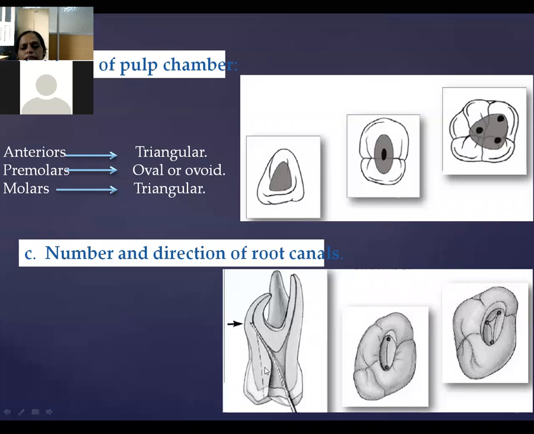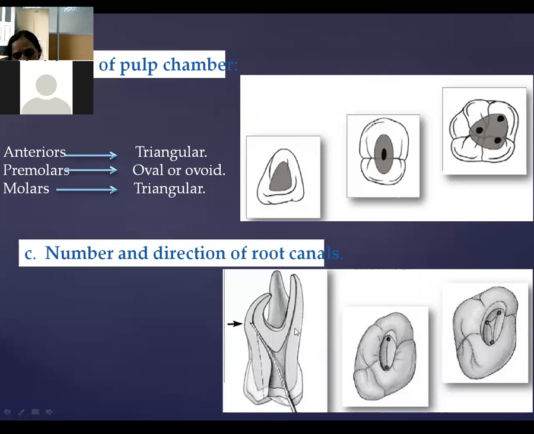This is called straight line access. The instrument in the pulp chamber area should be straight so that you will get straight line access to the apical foramen. Here there is an obstruction, and because of this obstruction, your instrument cannot go straight. Instead of going to the apical foramen, it is going somewhere else and causing a complication.